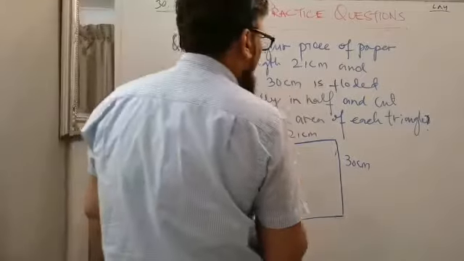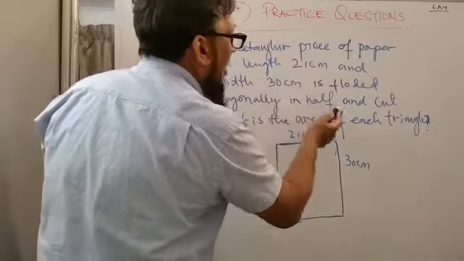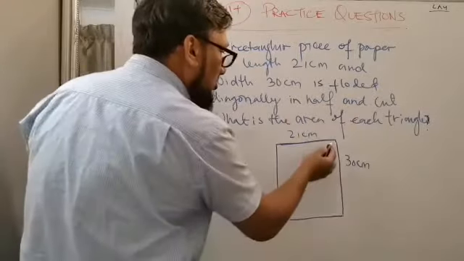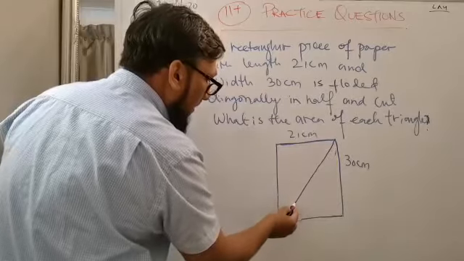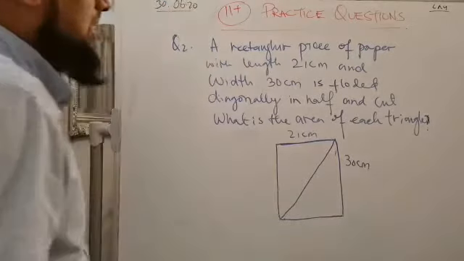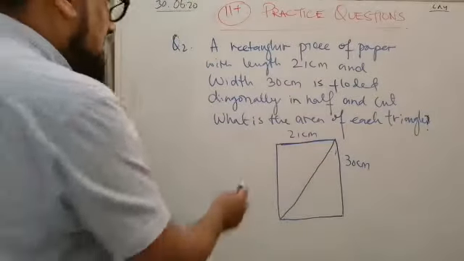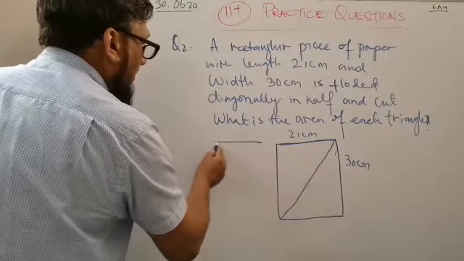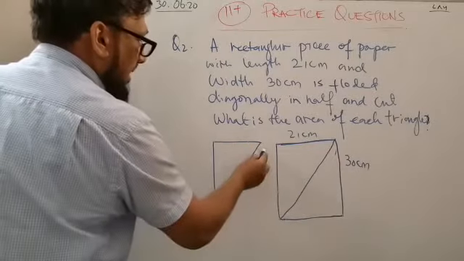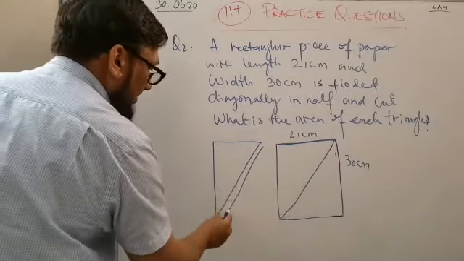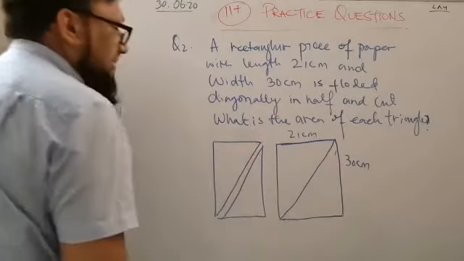Is folded diagonally in half and cut. So what I'm doing, okay, I'm just cutting diagonally, okay? So it makes two triangles basically, okay? Look at this one. This is one triangle and this is second triangle I cut.